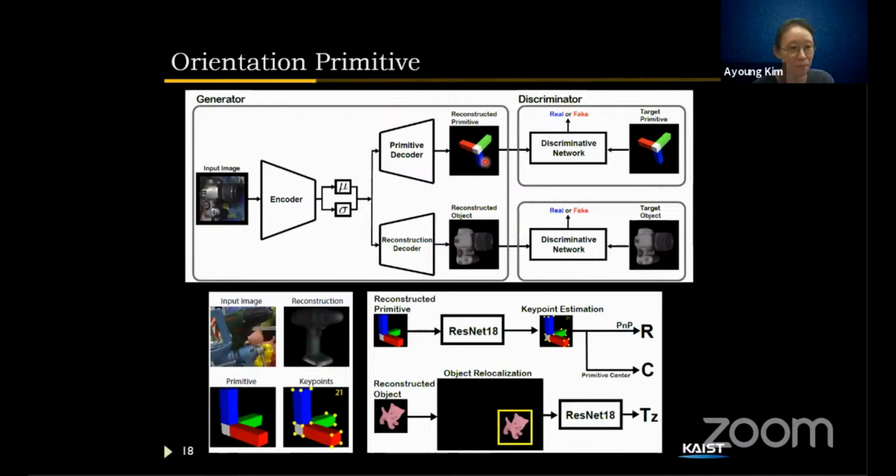So we are giving the network a little clue about its own orientation, and let the network learn its orientation together when it is training. During this training phase, we learn this associated primitive together and let the network reconstruct this primitive. From this reconstructed primitive, we can extract key points and estimate our relative pose.